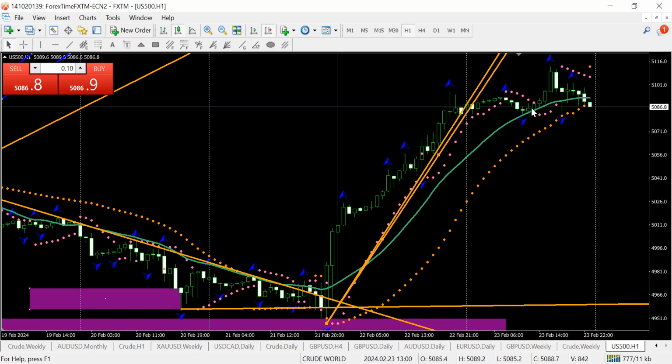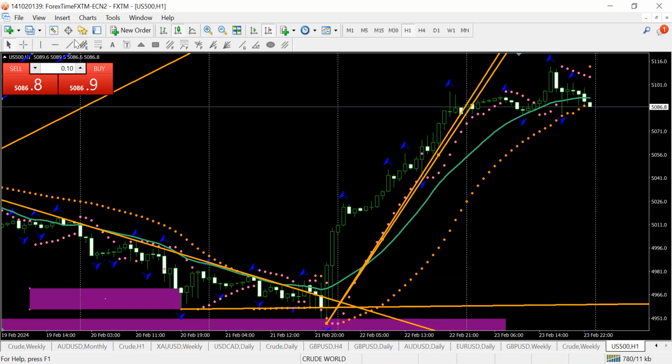So at this point again, if you hold this one, we can't hold this one as a validated bullish trend line. No, we have this trend line here from this point. If you take this point here again, then what happens?